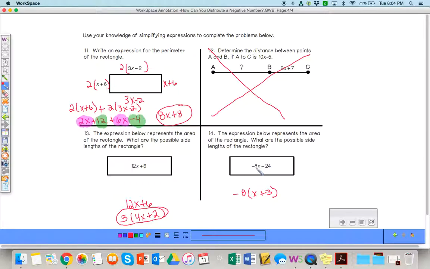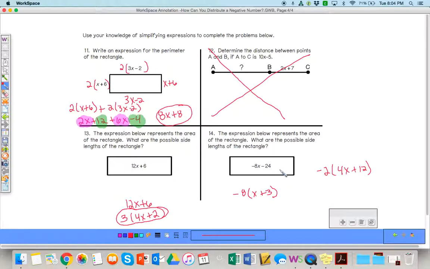Okay, because negative 8 divided by negative 8 is just x, or 1x. Negative 24 divided by negative 8 is 3. Okay, there's different ones too. We could have factored out a 2. Okay, we could have had a negative 2 on the outside. So negative 8 divided by negative 2 is 4. So it'd be 4x, and then that would be plus 12.